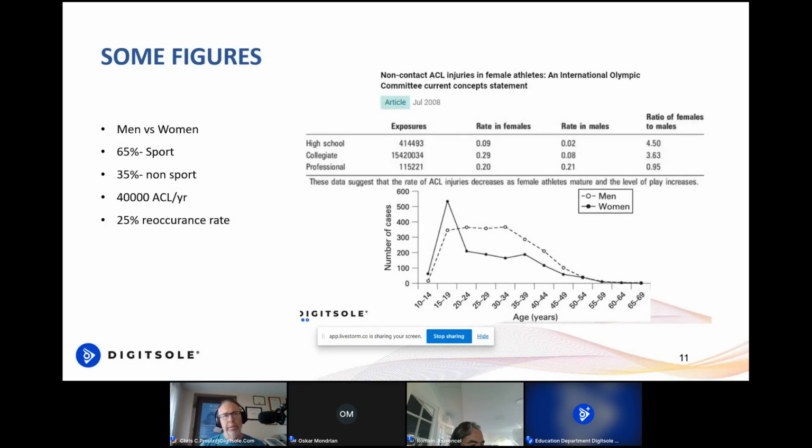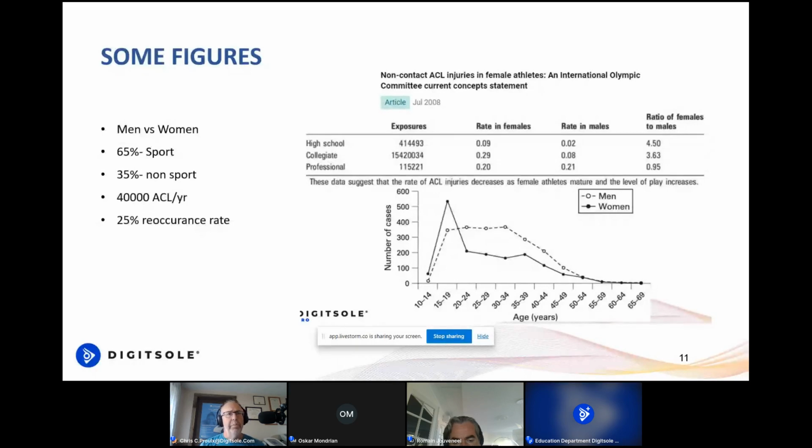But we also know that it's related to some of the things that we can actually change, which is a good thing, because when we do rehab on these folks, or if we can test them and we can predict them, that's an even better thing, because we can reduce the chances of that happening. This statistic, 40,000 ACL injuries, I believe that's in France. In the United States, it varies from year to year, but we tend to see over 200,000 ACL surgical procedures that happen per year.